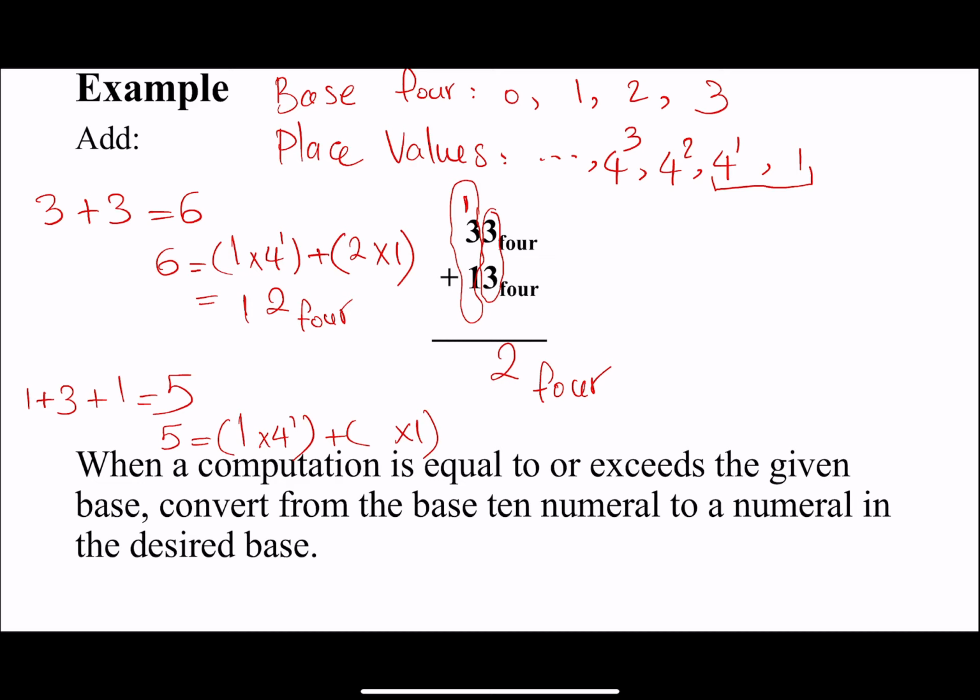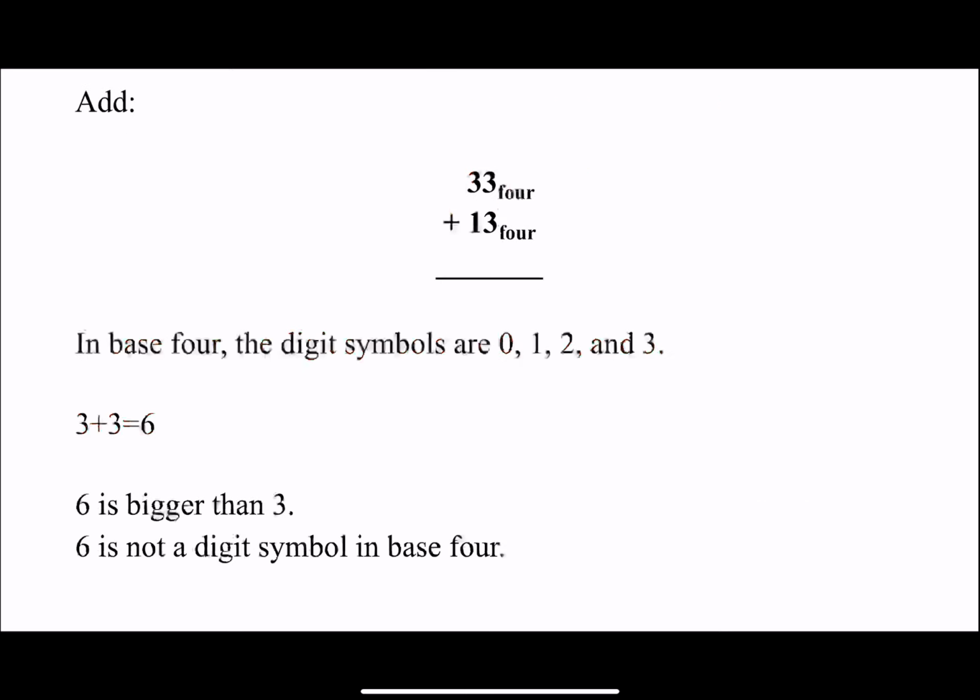How many more do I need? 1. So 1 times 1. So 5 is actually 11 base 4. That's it, we're done. So 33 base 4 plus 13 base 4 is 112 base 4.